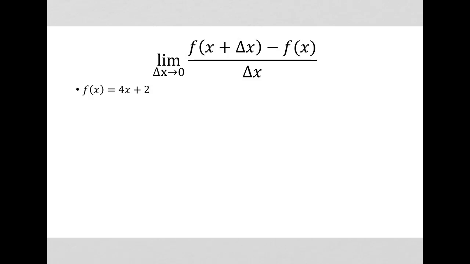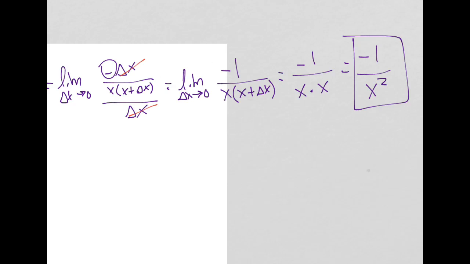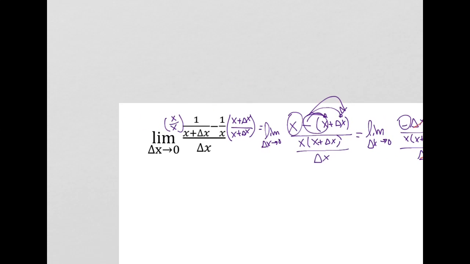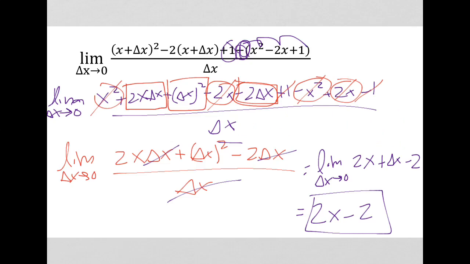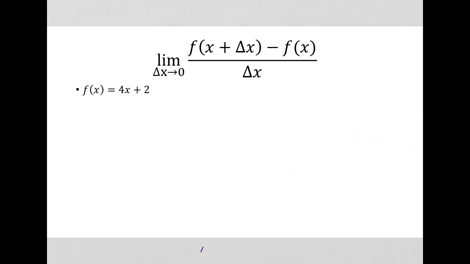So you may have noticed on the previous problems that we have similar things here. 1 over something, 1 over something, something squared minus 2 times something plus 1. You didn't realize it, but you were doing problems like this.